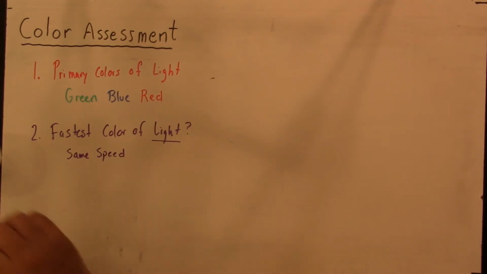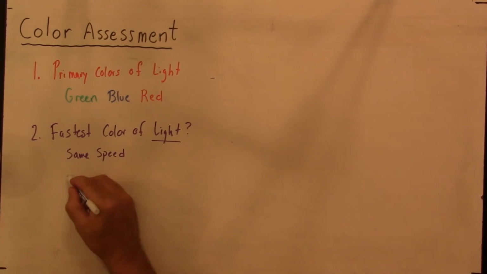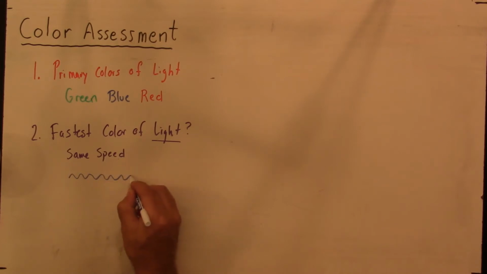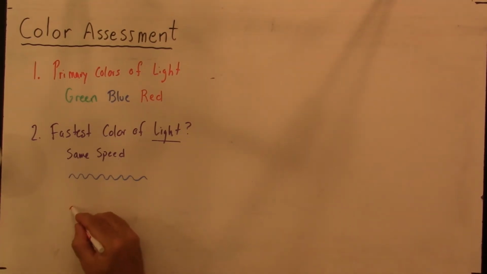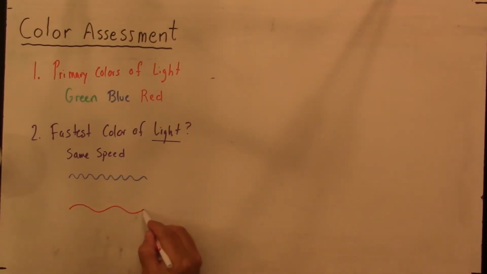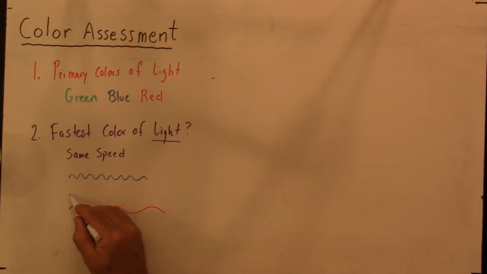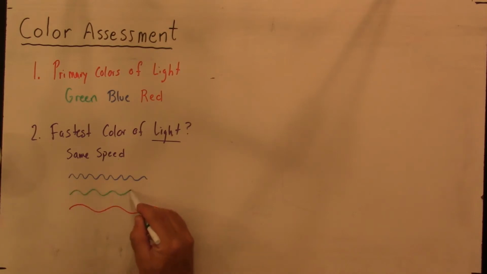It turns out that the difference between them is that blue is a high frequency, small wavelength color, red is a low frequency, big wavelength color, and then green would be somewhere in the middle. But they all go at exactly the same speed.